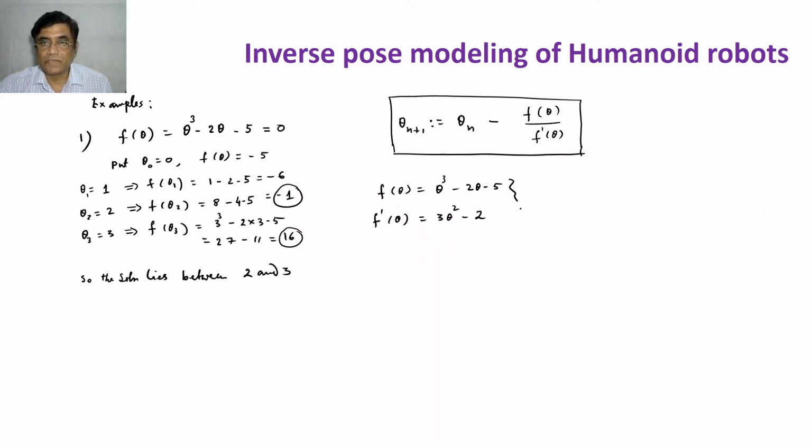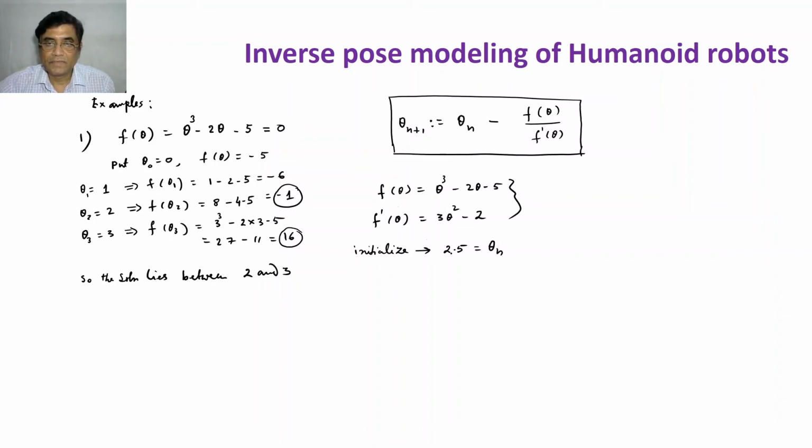So these are the two things you will have to keep somewhere, and say initial value. Now initialize, whatever you want, say start from 2.5 equals theta 0, equals your theta n, and now run.